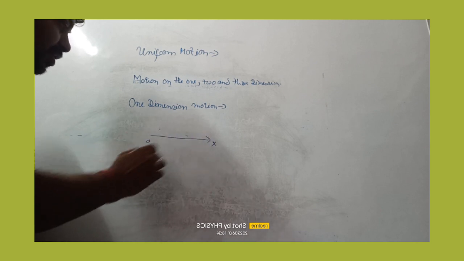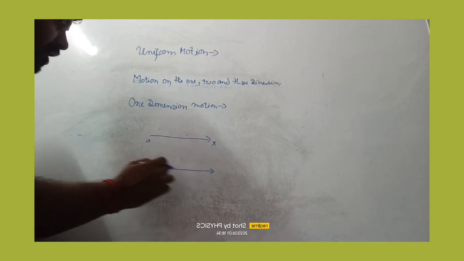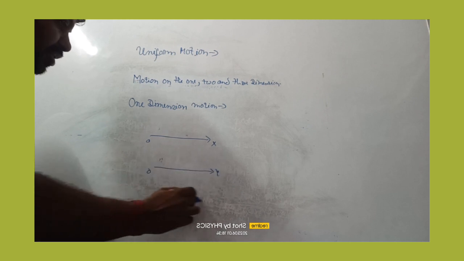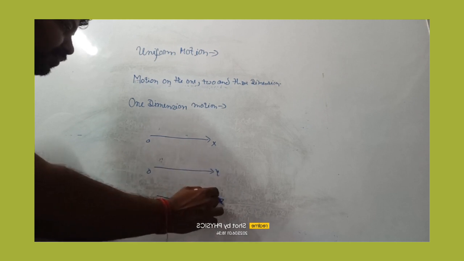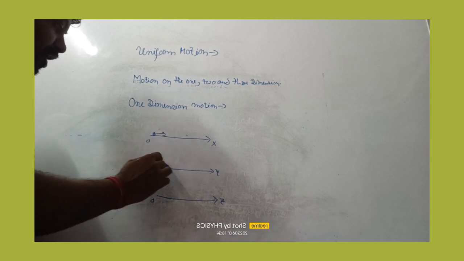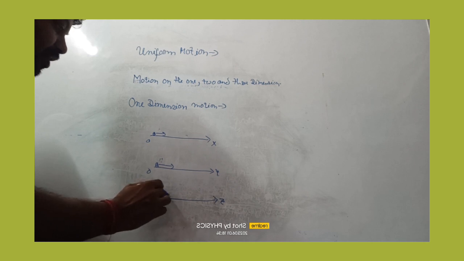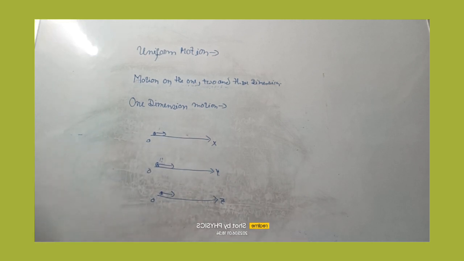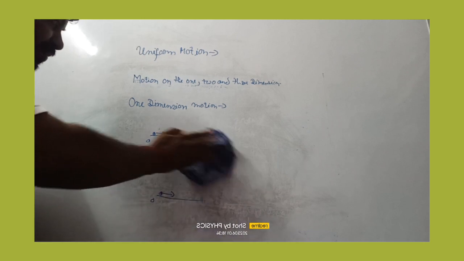This is the x axis, this is the y axis, and this is the z axis. If an object moves along the x axis, another moves along the y axis, and another along the z axis, in these three different cases the object moves along one axis. That kind of motion is called one-dimensional motion.